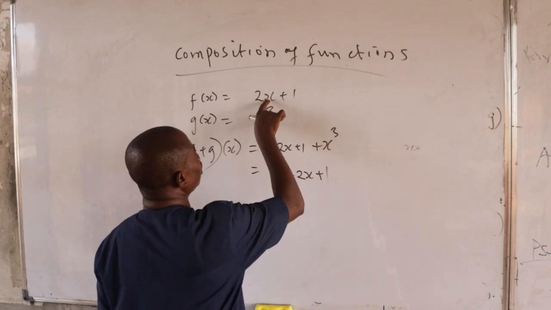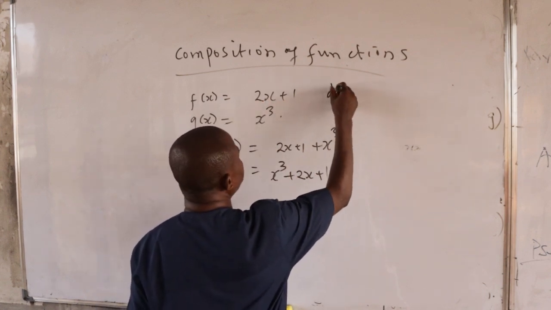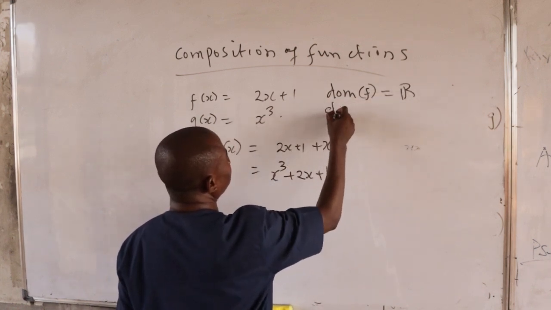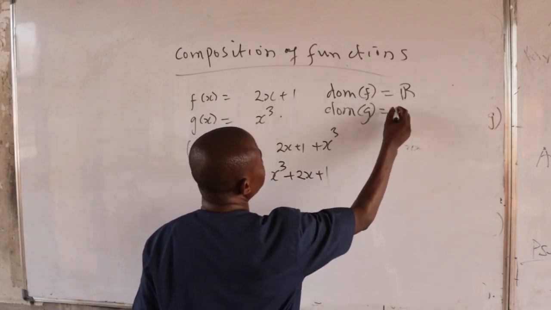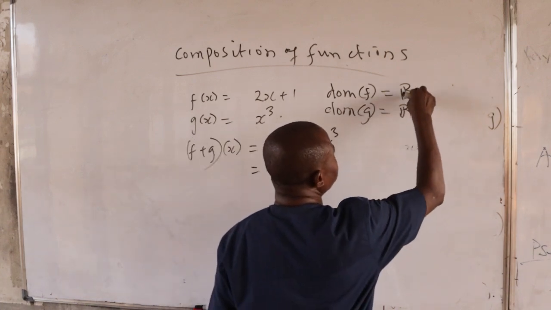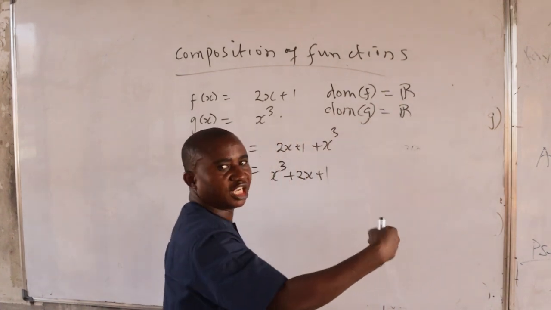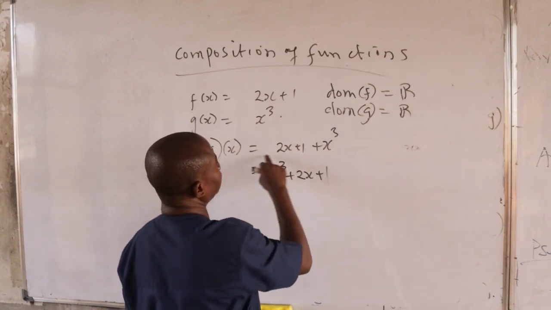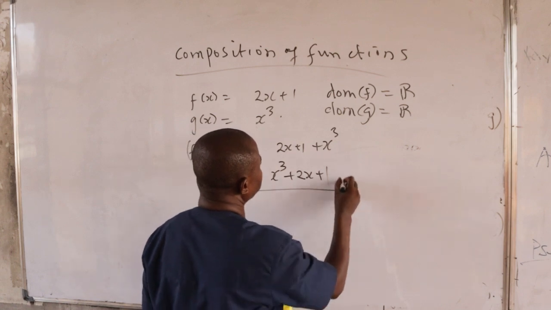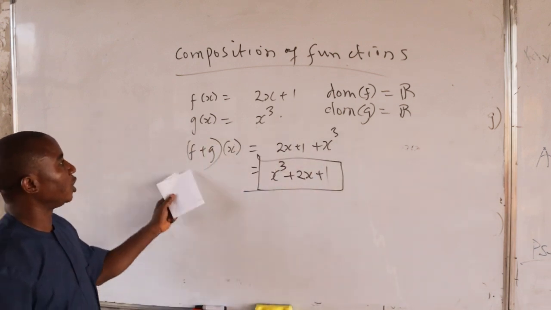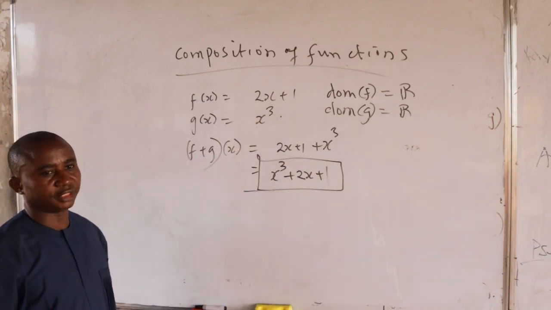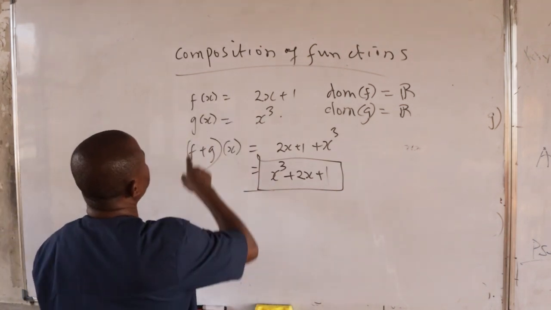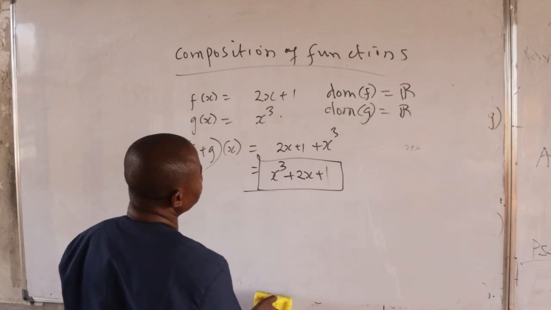Notice here that the domain of f is the whole of R. The same is true for the domain of g. And when you intersect a set with itself, you get the same set, so the intersection is not empty. So we can talk about f plus g acting on x, and this is the new function we have when we add f to g. Using this, you can deal with other operations, except composition, which I want to expose now.